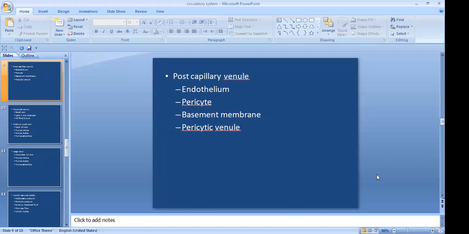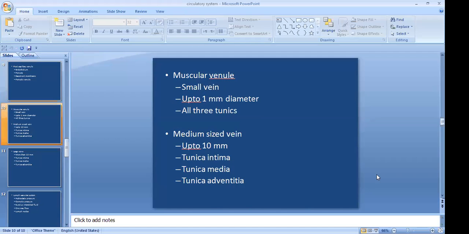Now we will classify veins. Veins are classified into muscular venules or small veins, medium sized veins, and large sized veins.